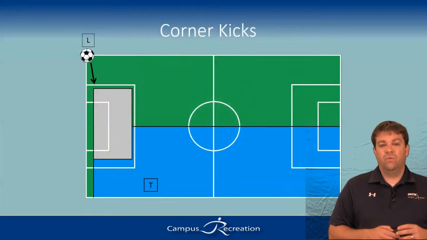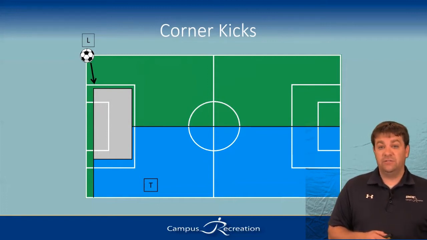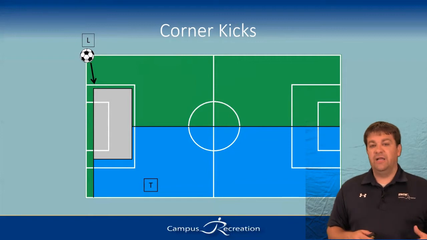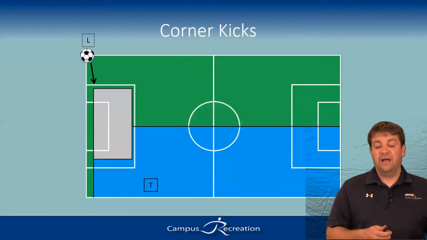On a corner kick, what I want the lead to be is on that sideline. You have to be on that end line, because you need to determine if a goal counts or does not count. Preferably you're just inside the corner kick, so the person's going to be kicking from behind you, but you're still out of play and you can still see it. The trail now comes down a little bit further.